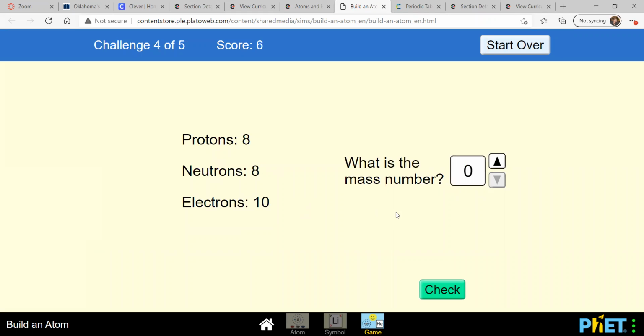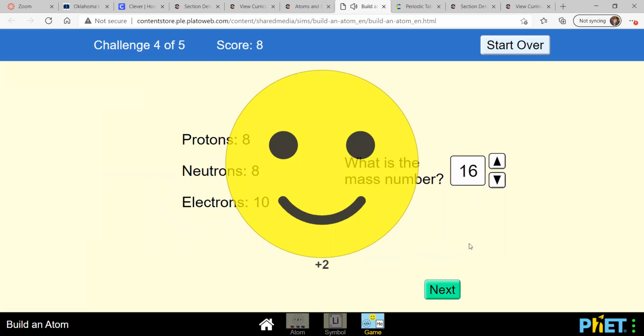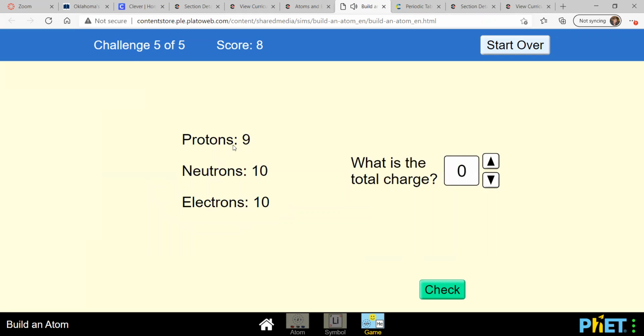8 protons, 10 electrons was the mass number. 8 protons, 8 neutrons, 10 electrons. We only count the protons and neutrons for the mass number. We got 16. There we go. Protons, 9, neutrons, 10, electrons, 10 was the total charge.